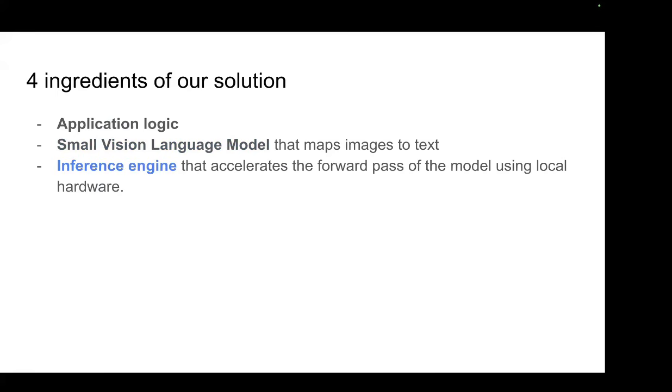The third ingredient, to make this work in practice, is an inference engine. You need a piece of software that accelerates the forward pass of the model. Language models are neural networks with a lot of parameters, on the order of billions, so to run them fast enough to work in practice, you need a piece of software that does that.